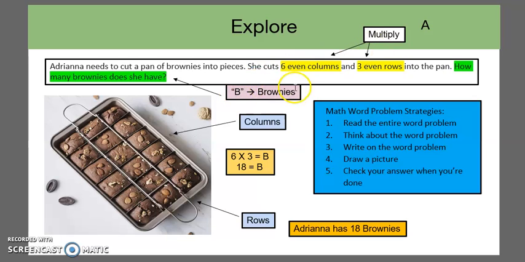I also use B for brownies, to tell us that we will determine how many brownies she has when she cuts out the 6 columns and the 3 rows. 6 times 3 equals 18. Adriana has 18 brownies. We're going to look at one more problem.